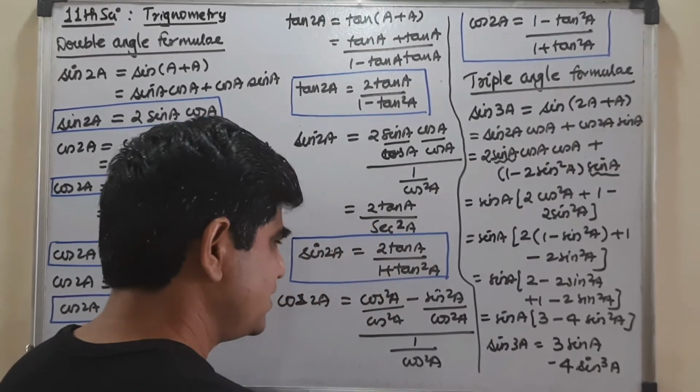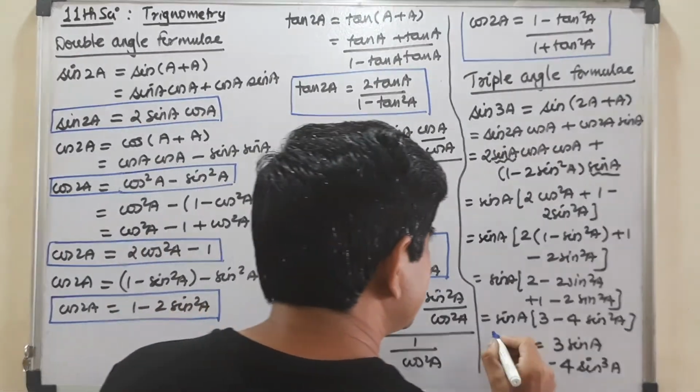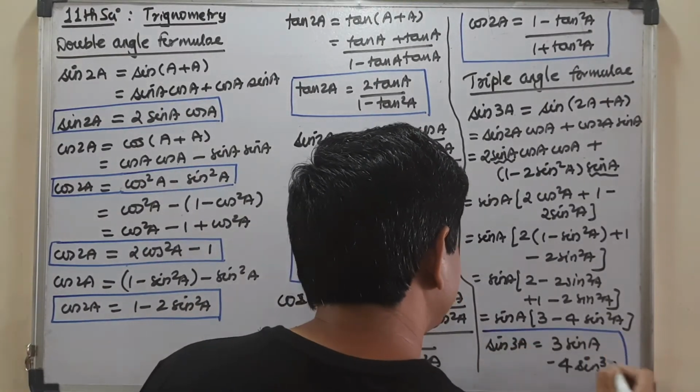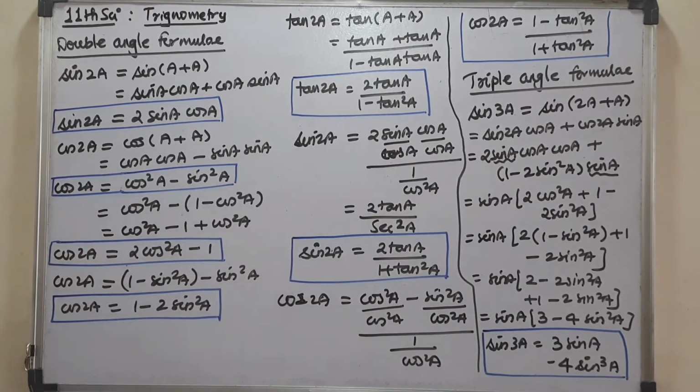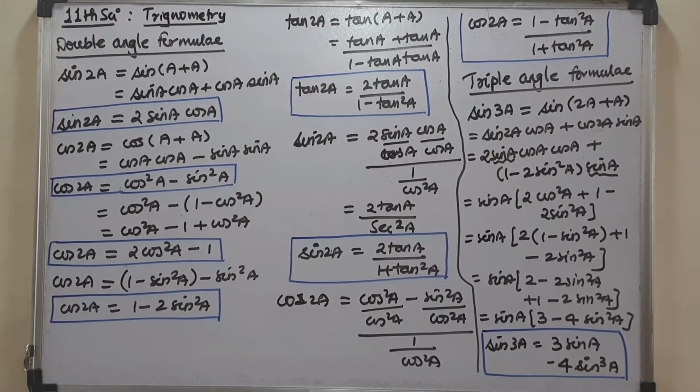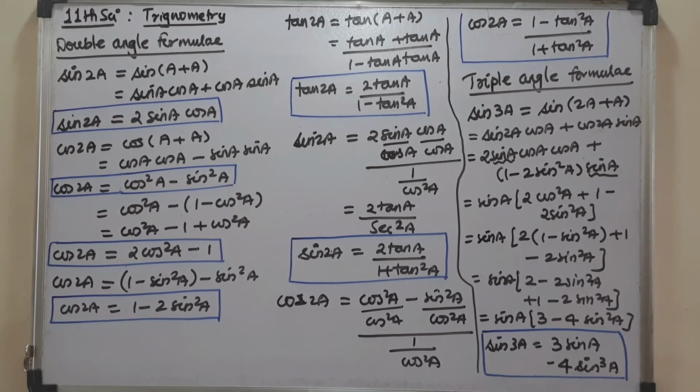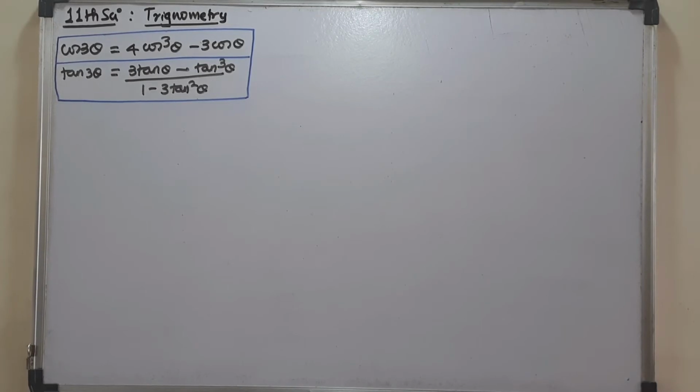This is the triple angle formula. On the same ground, we will be finding cos 3a and also tan 3a. So these are the cos 3 theta and tan 3 theta formulas, which you can derive on your own now.